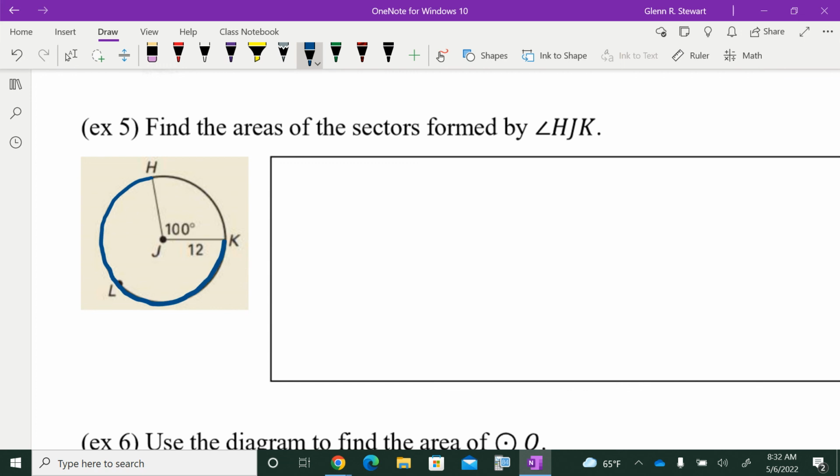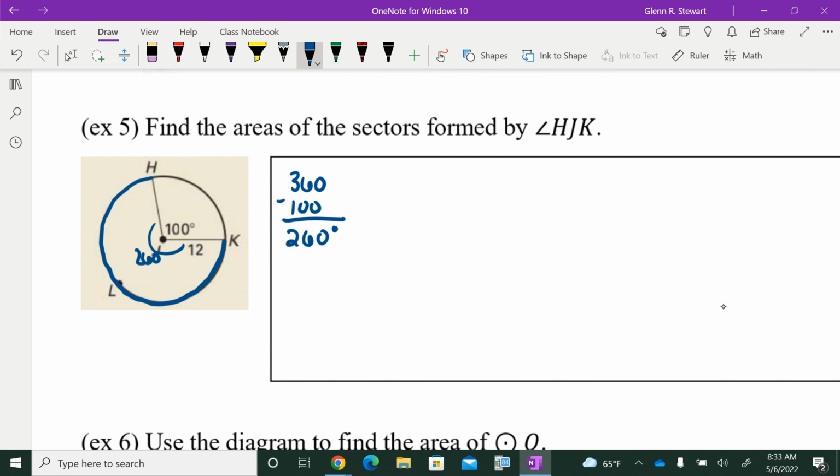But in order to do that, we should probably find the area of the small sector first. If we take 360, let's subtract 100, and we end up with 260 degrees. So this whole entire section is 260.